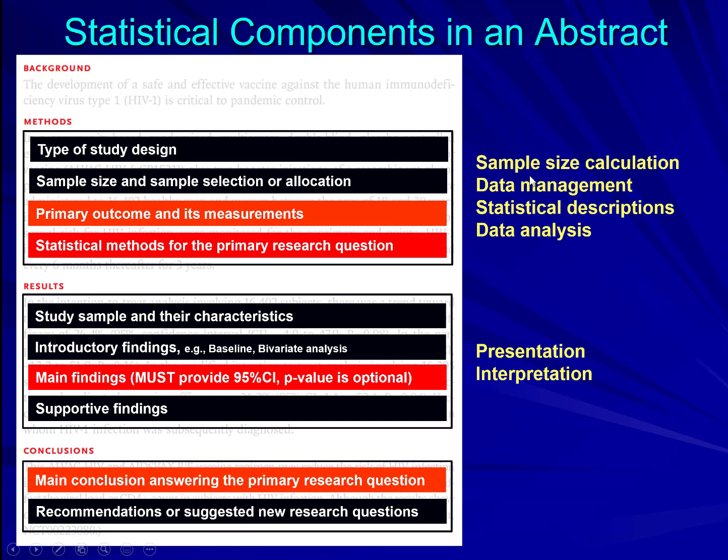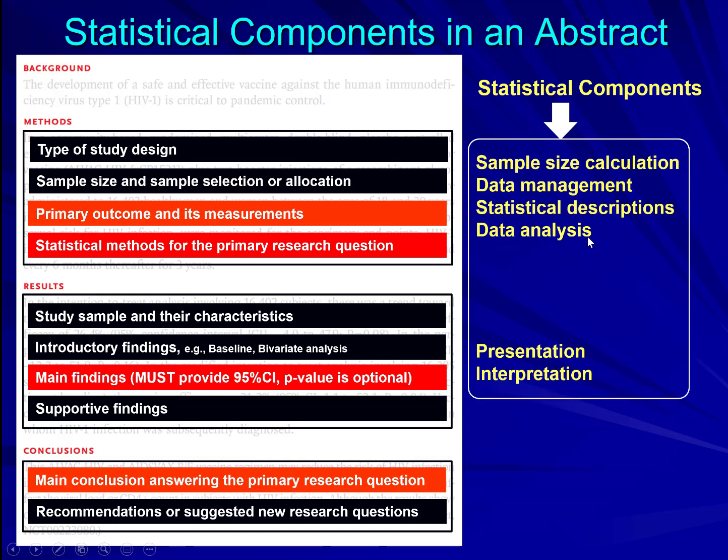It takes about 1 semester in a usual class for statisticians. It is about data management, the measurements, and the statistical descriptions about how we handle the data, how we analyze it, and what method we use for that analysis. So all these are statistical components.